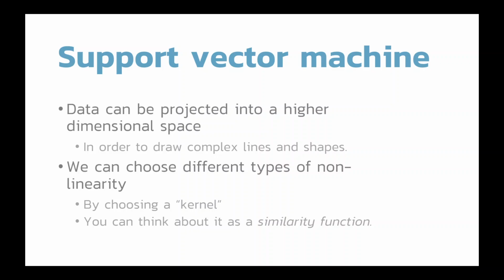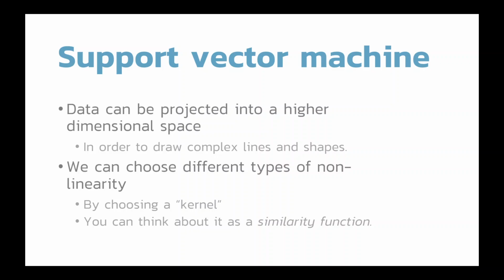For example, if you are using the linear kernel, you are essentially drawing a linear line in the current dimensional space. But in SVM, you can use another kernel that allows you to transport your data into a higher dimensional space, and you draw the linear line in that higher dimensional space, and then you transport everything back into your normal space, and it becomes non-linear.